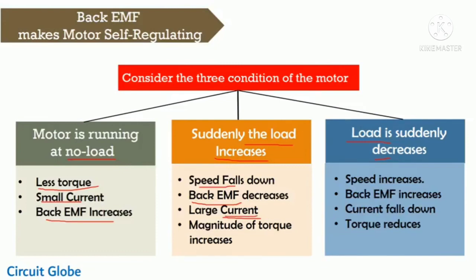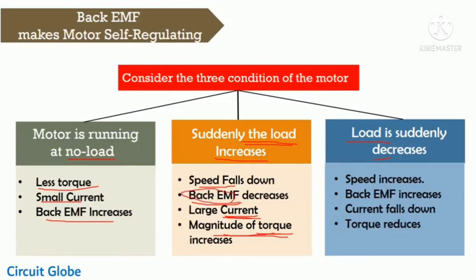Armature current is directly proportional to the torque, so if the current increases, the torque also increases. And a high value of torque is the requirement of the motor when we increase the load across it. So here we are increasing the load across the motor, which means we require a high magnitude of torque, and we are obtaining that torque because of the back EMF.